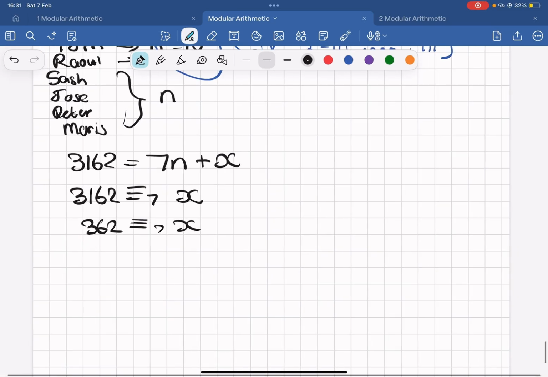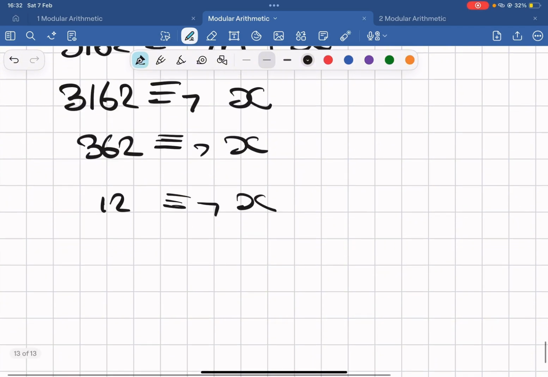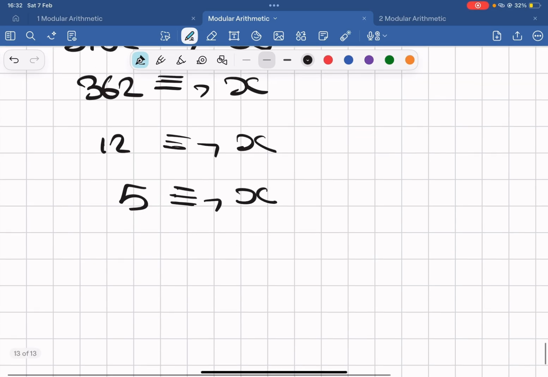And then try to reduce this further. We have 350 is a multiple of 7, so we say 12 is congruent to x mod 7. That means 5 is congruent to x mod 7, which also means minus 2 is also congruent to x mod 7.